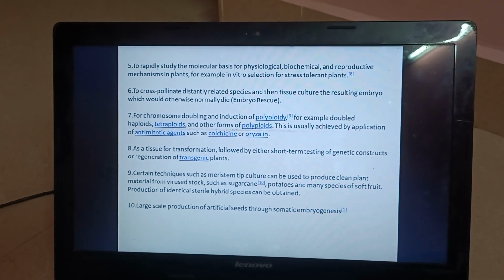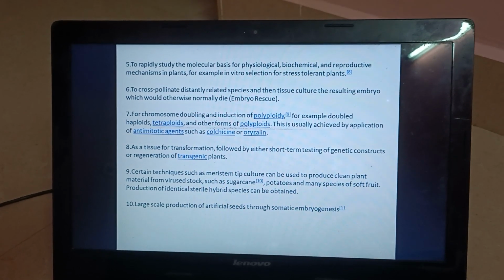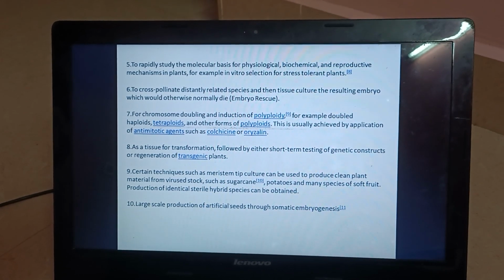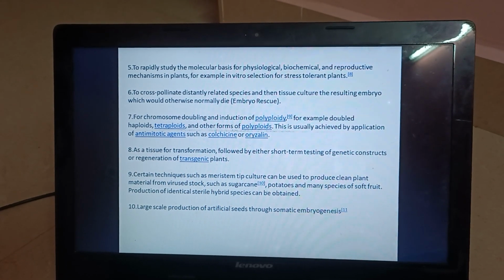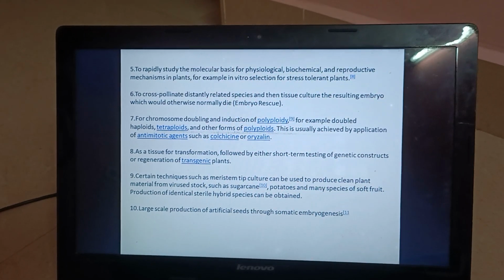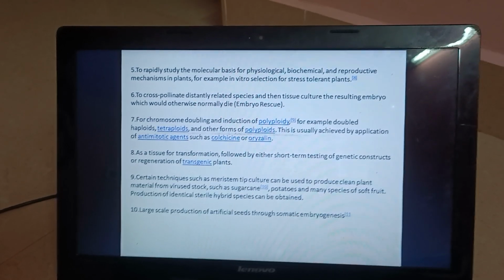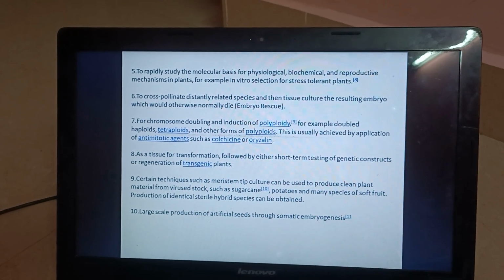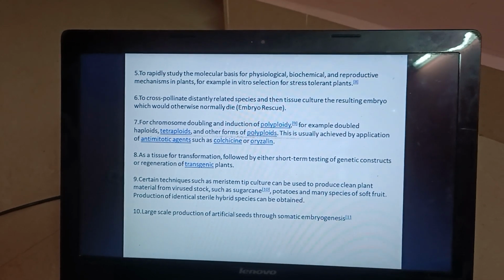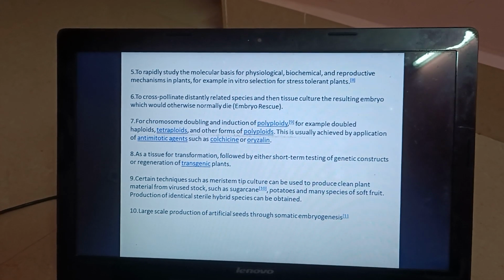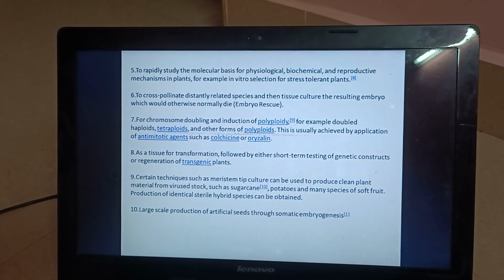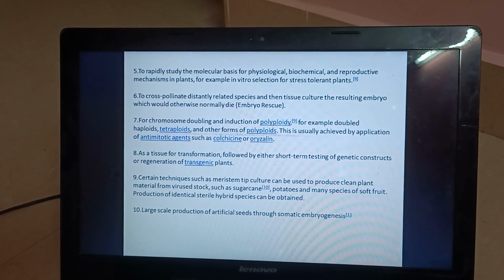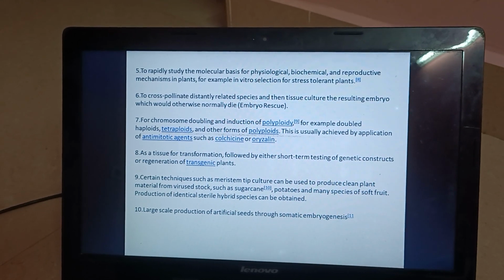Okay. And the sixth one is to cross pollinate distantly related species and then tissue culture the resulting embryo, which would otherwise normally die, for embryo rescue. Okay. For that purpose also, we should go for these culturing techniques. Okay. As a tissue for transformation, followed by either short term testing of genetic constructs or regeneration of transgenic plants.